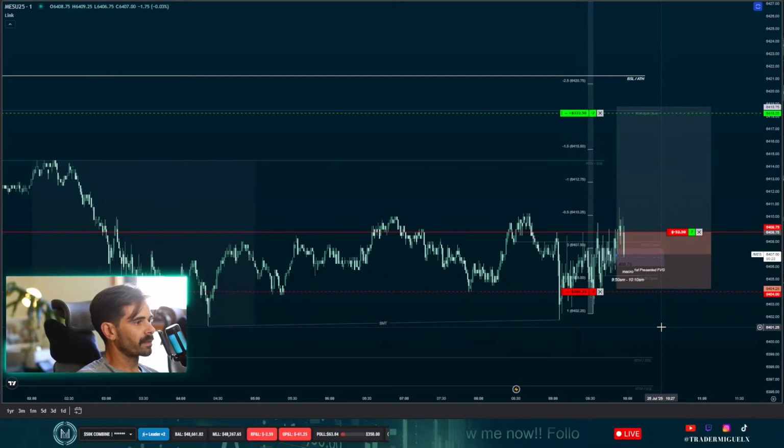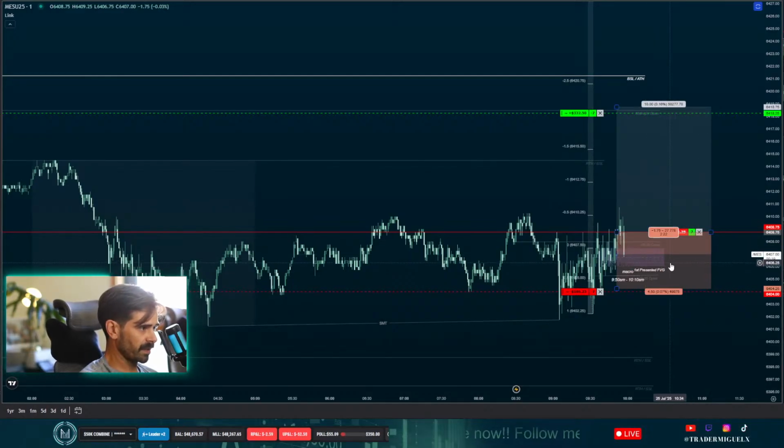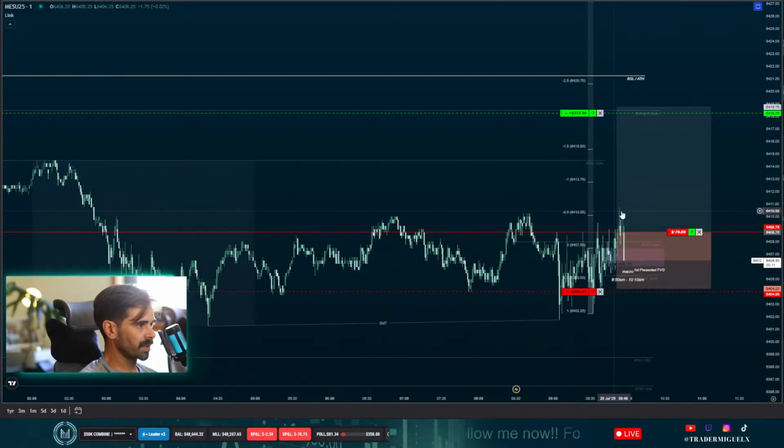ES coming back below 830, retesting the first presented fair value gap. At this point, we need to see the first presented fair value gap to hold. Otherwise, a move lower will be next.